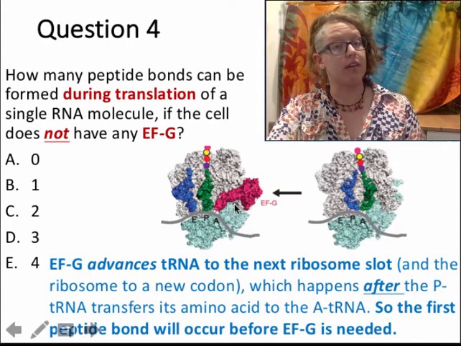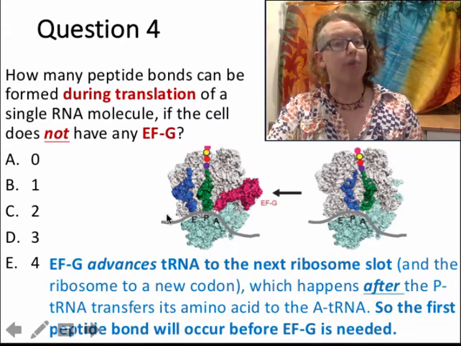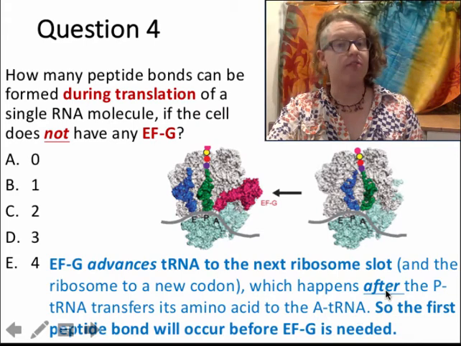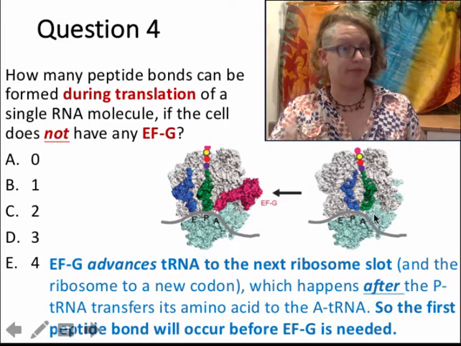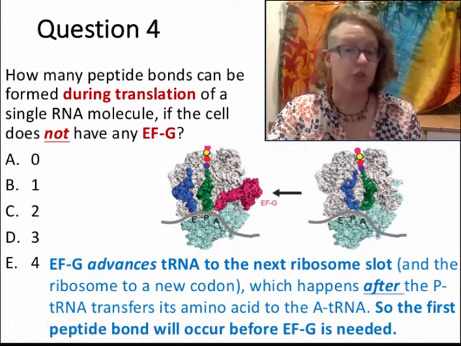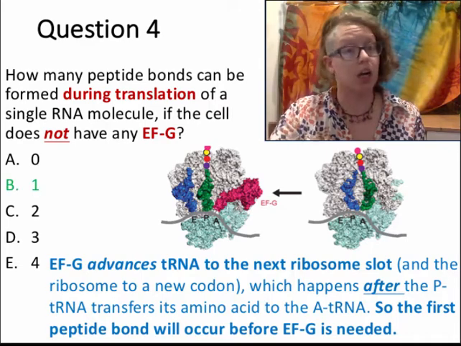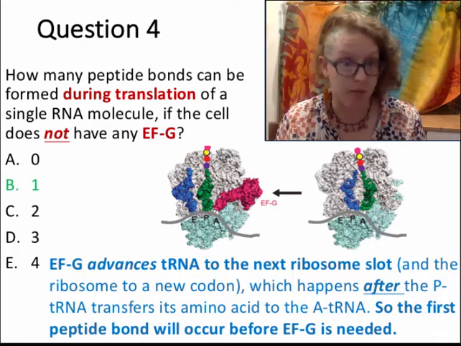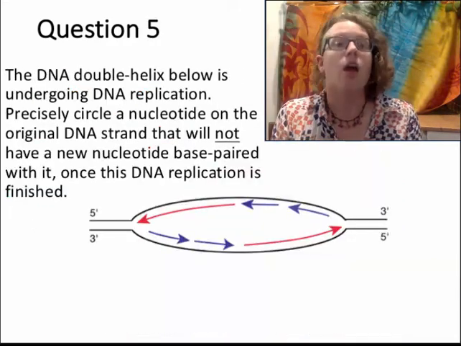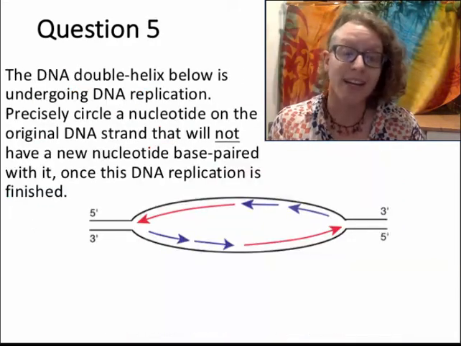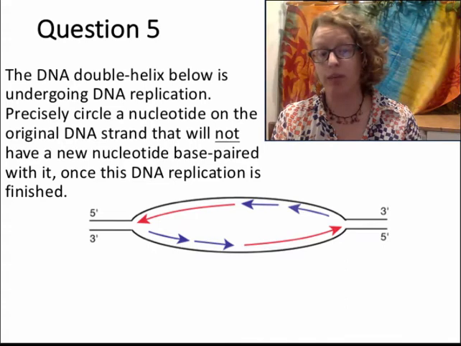So this is what the EFG does. It pushes it this way, and it advances the whole thing forward. And that all happens after the very first amino acid transfer from this guy to this guy. So, in short, the first peptide bond will occur, and the answer is B, 1. You'll only get one peptide bond happening. Question 5. The DNA double helix below is undergoing DNA replication.